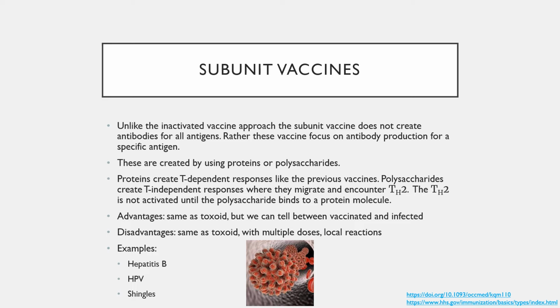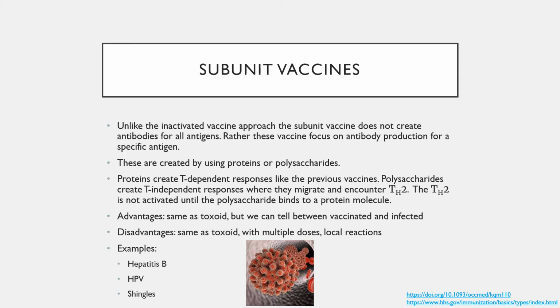The next type of vaccine I'd like to talk about is the subunit vaccine. This one kind of contrasts with the inactivated vaccine because the subunit vaccine does not create antibodies for all antigens. Rather, these vaccines focus on antibody production for the specific antigens that are in the vaccine.